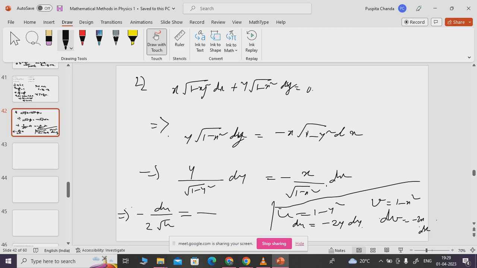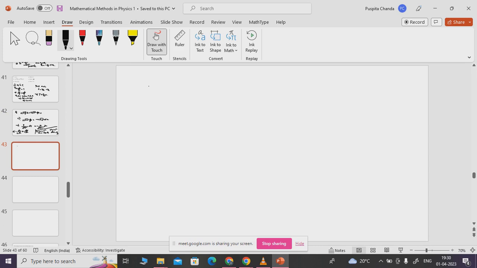So we can write y dy is equal to minus du by 2 root u, equal to plus dv by 2 root v. We can write du by root u equals dv by root v, and take the integration of that.